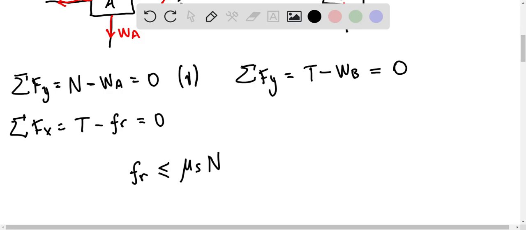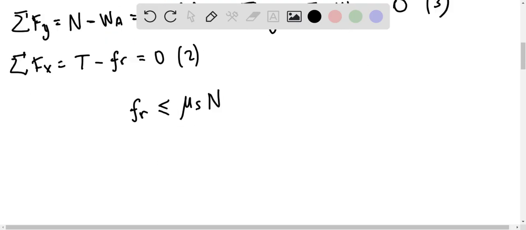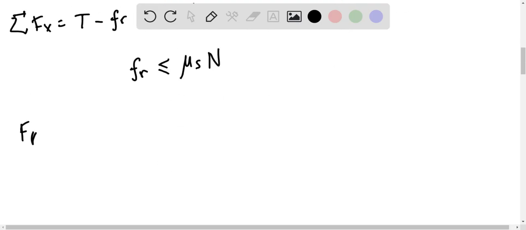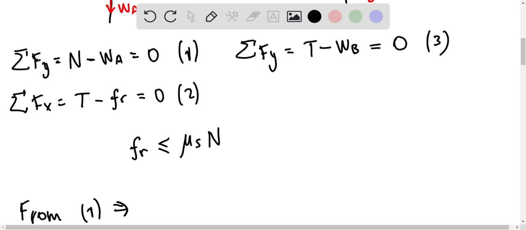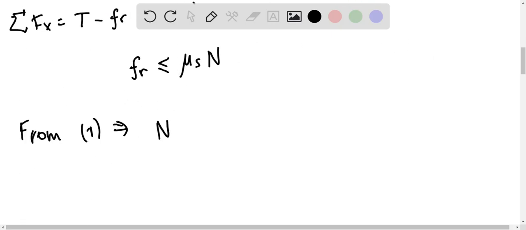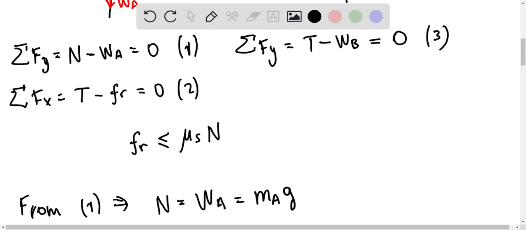We are going to call these equations 1, 2, and 3. So from one, we obtain that the normal force is equal to the weight of block A, and we know that the weight of block A is just its mass, MA, times the acceleration due to gravity.